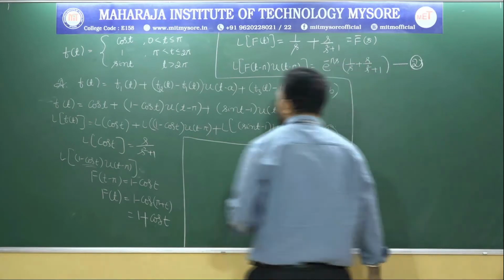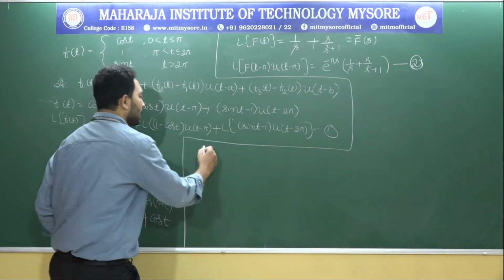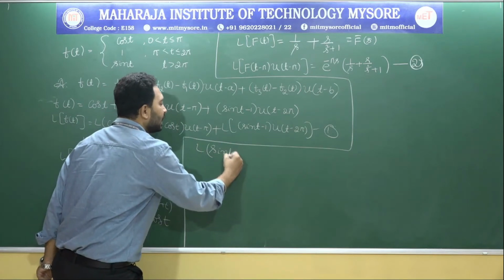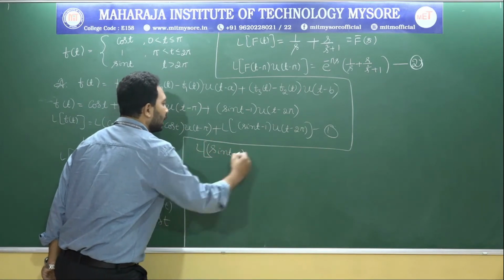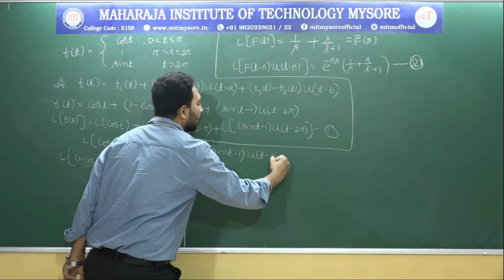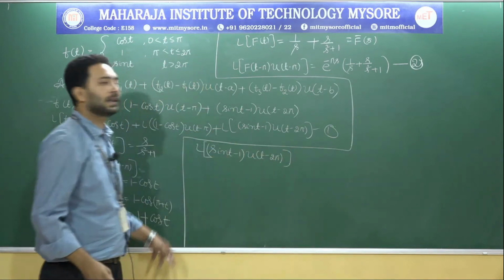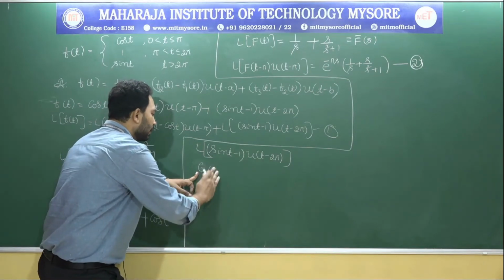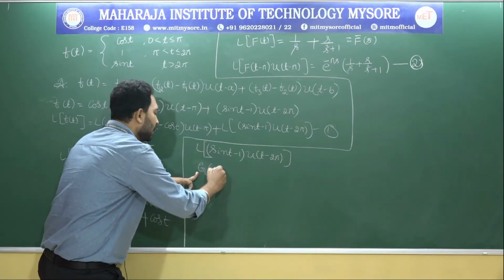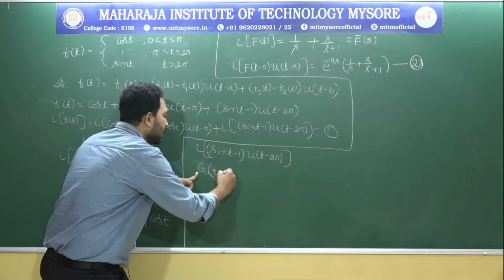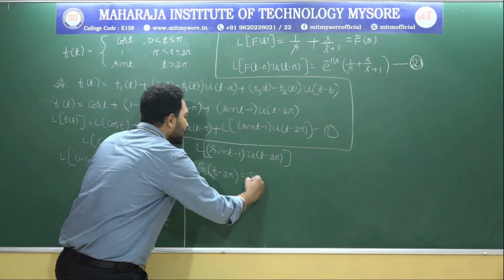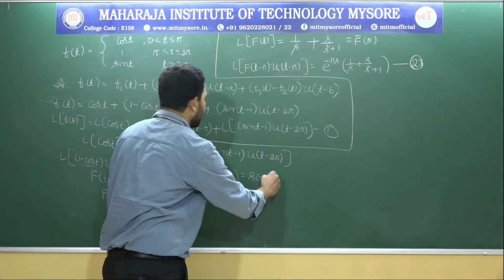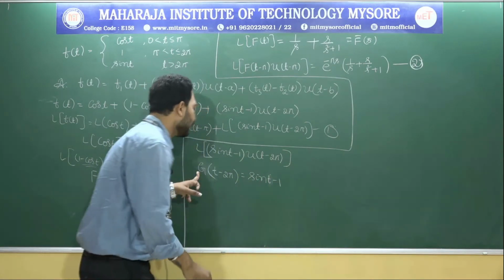And next one. To find Laplace of sin t minus 1 into u into t minus 2 pi, we'll take it as g, just to avoid ambiguity. It is g of t minus 2 pi equals sin t minus 1.